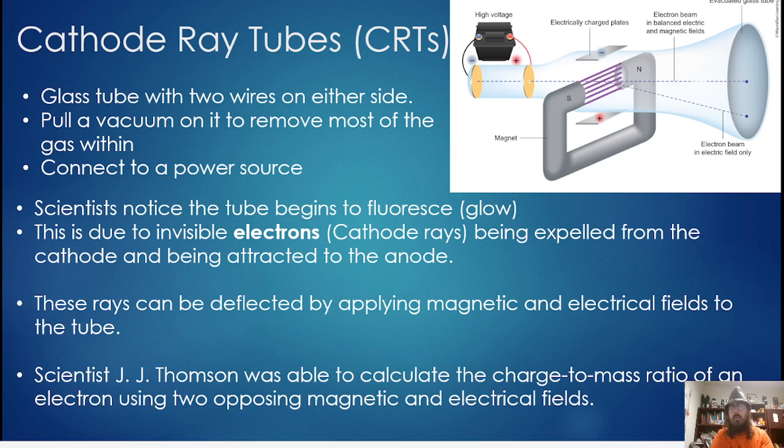By varying the electrical field, he's able to relate the two together, the magnetic field and the electrical field, and he's able to thus calculate the relative charge to mass ratio of this electron, and that when the two fields cancel, he can compare these to each other. Otherwise the electron would shoot off in one direction, but you can keep it going straight by balancing them out.